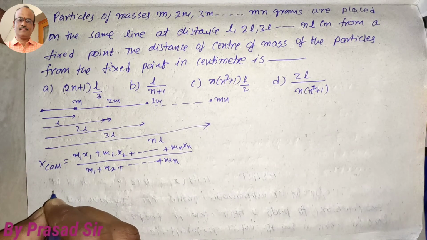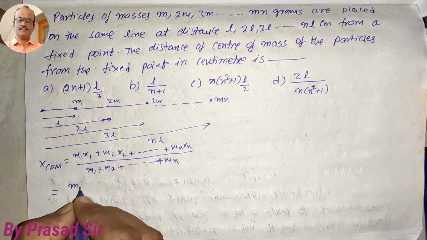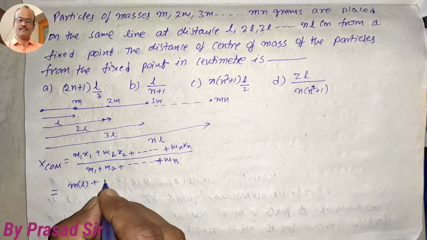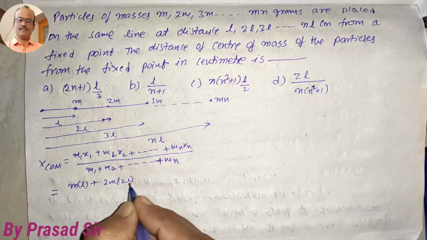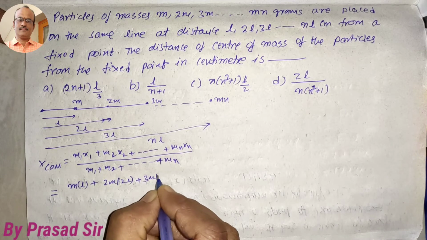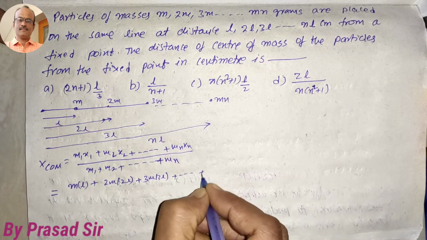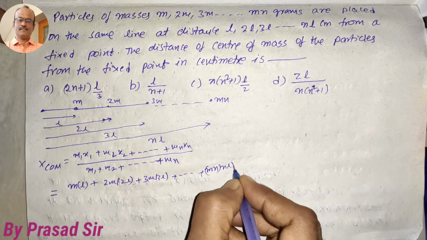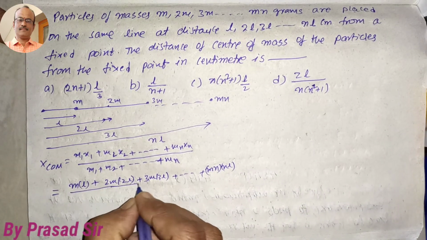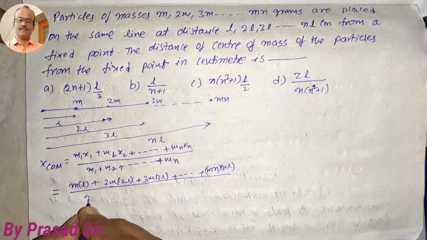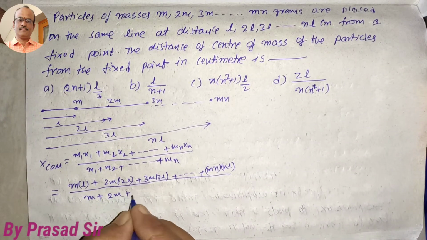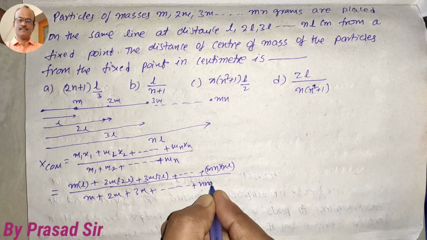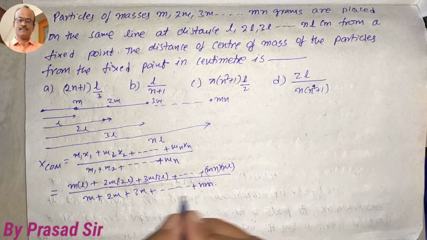So here x center of mass is m into L plus 2m into 2L plus 3m into 3L plus ... plus mn into nL, divided by m plus 2m plus 3m plus ... plus nm. So this is the condition.